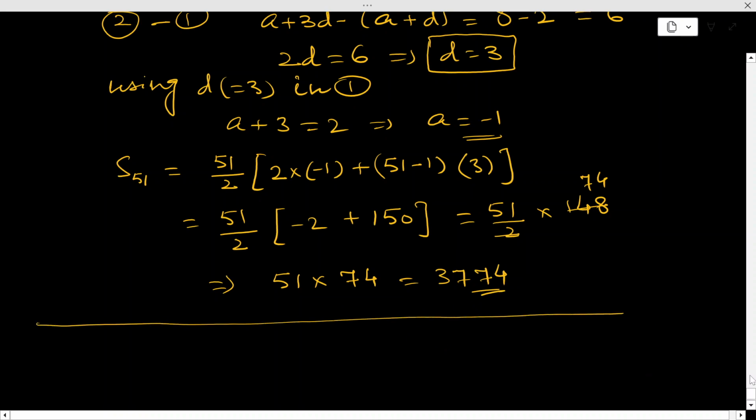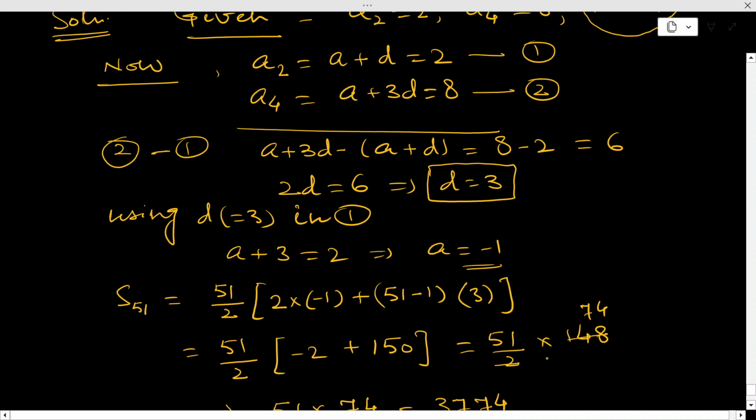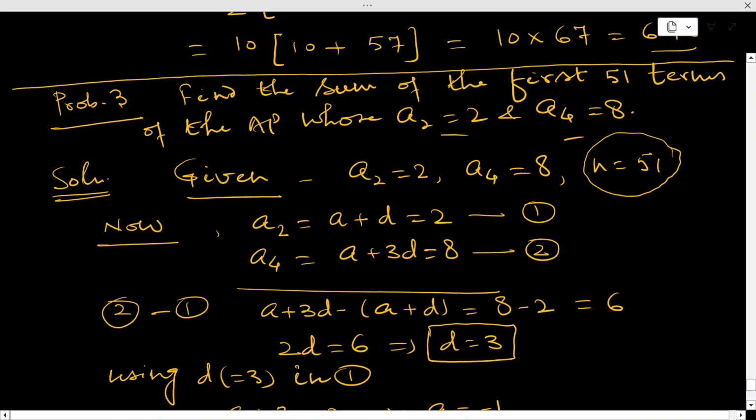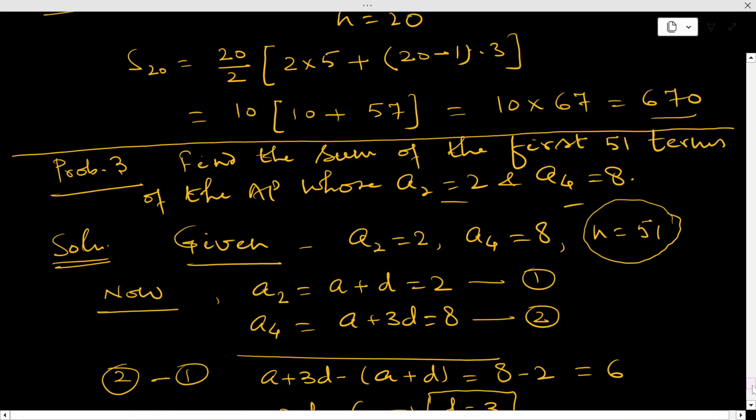So if you look at this problem, we are not provided with the values of A and D, but yes, we are having the values of two distinct or different terms. So we use this information and we first obtain the values of A and D, and then we use the formula of the sum of n terms and obtain the sum of 51 terms.